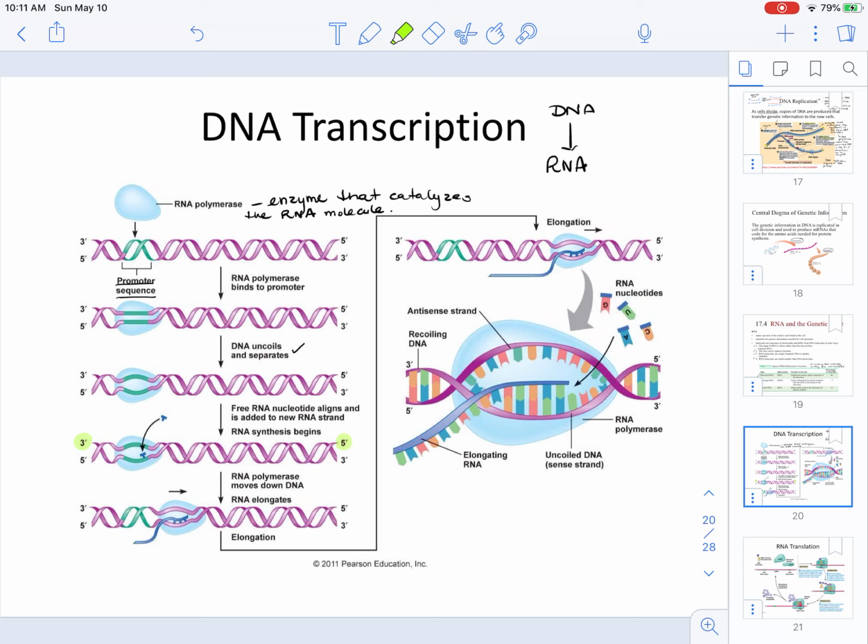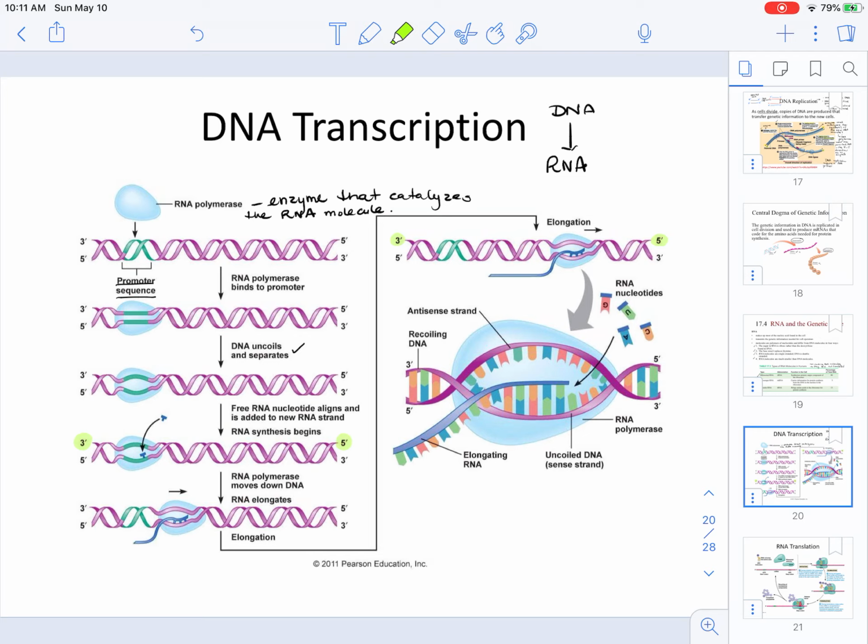In the process of elongation, the RNA polymerase molecule moves down the template, which is the 3' to 5' strand of DNA, to make that RNA molecule.